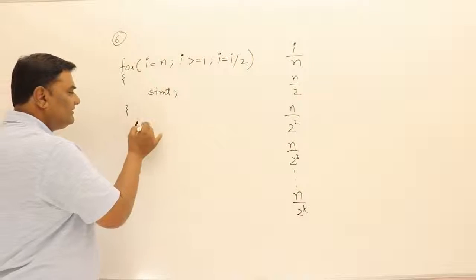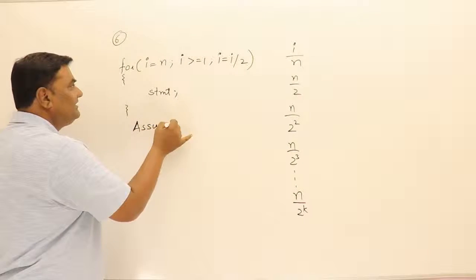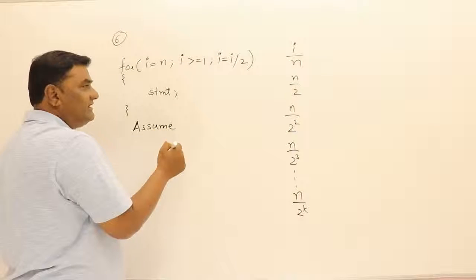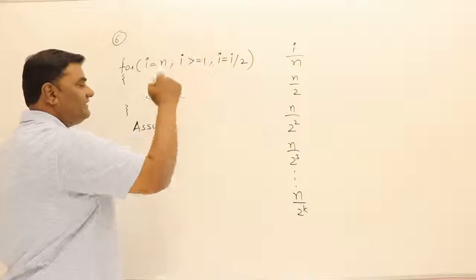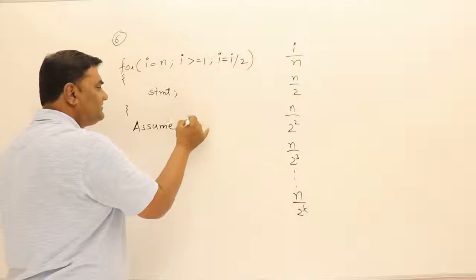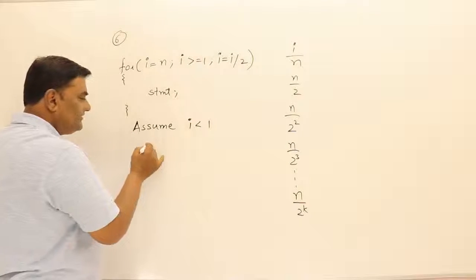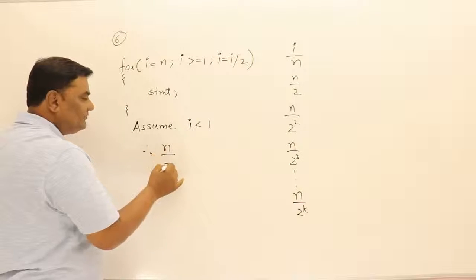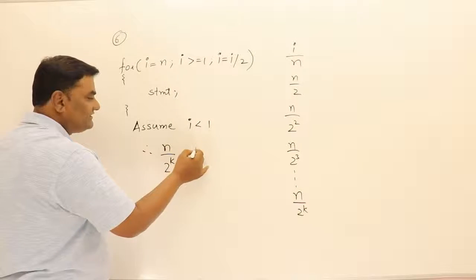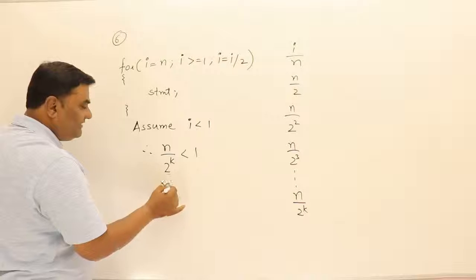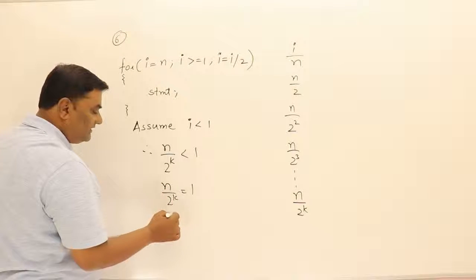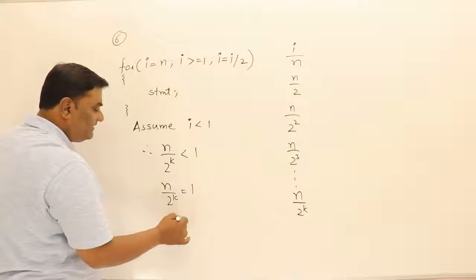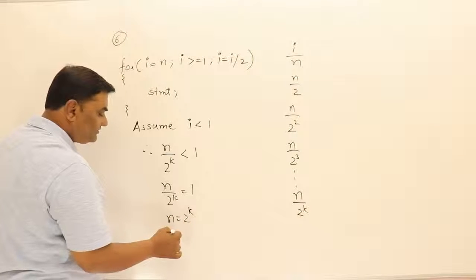And we know that the loop will terminate when I becomes less than 1. So it will continue as long as it's greater than or equal to 1. So assume I has become less than 1. So therefore, what is the I value? n by 2 power k is less than 1. If I equate it, then it's going to be 1 and n is equal to 2 power k. So k is how much?